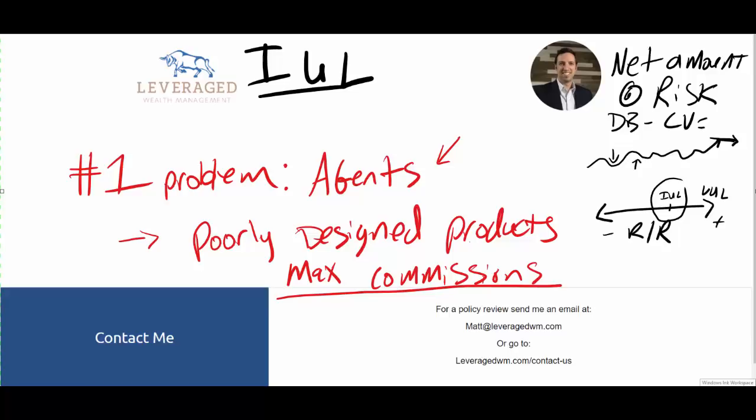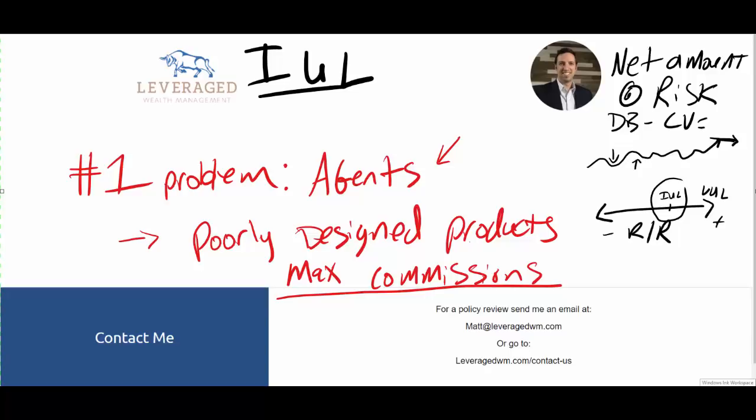If you're working with a bad agent who follows this path, a poorly designed product structured for maximum commissions, it almost doesn't matter what product you've purchased. It can be the absolute best index universal life insurance policy on the market, and if it's designed the wrong way, it's probably not going to do what you want it to do.